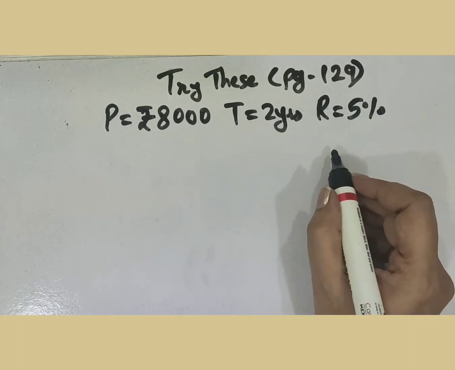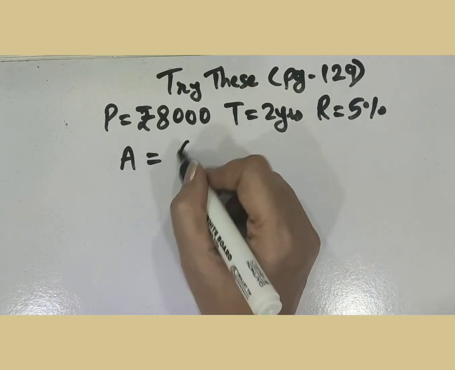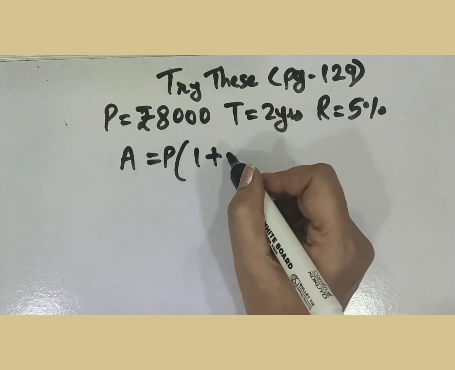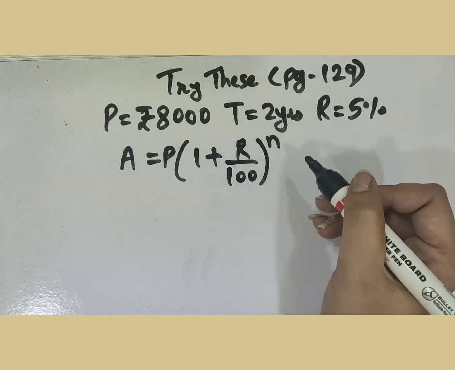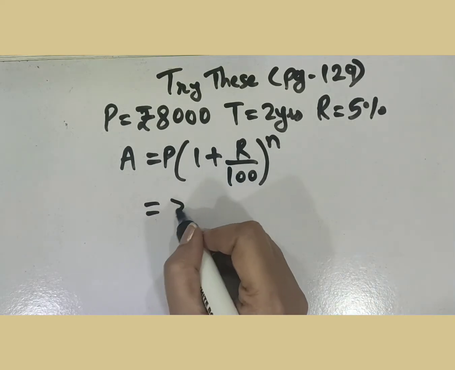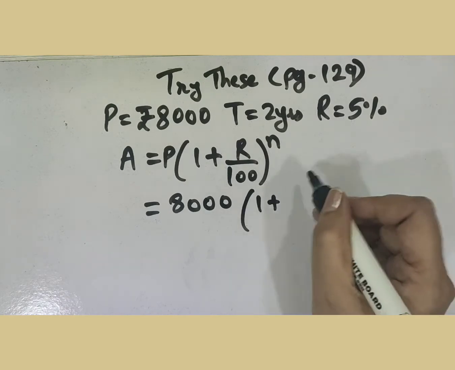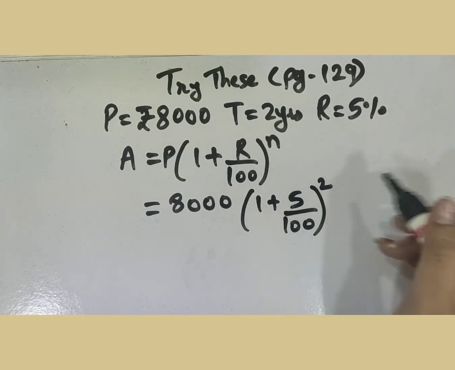Now we have to find the compound interest. For that, first we are going to find the amount. So amount will be equal to P into 1 plus R upon 100 whole raised to N. That will be equal to 8000 into 1 plus 5 upon 100 whole raised to 2.